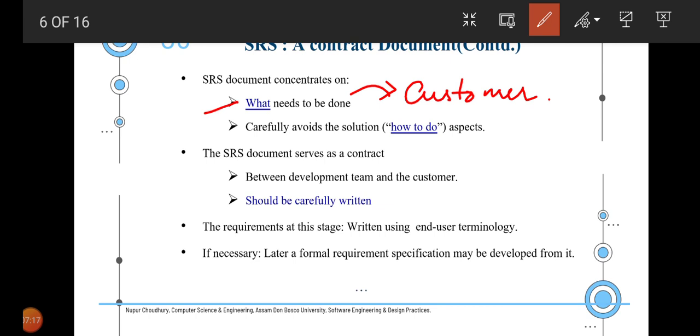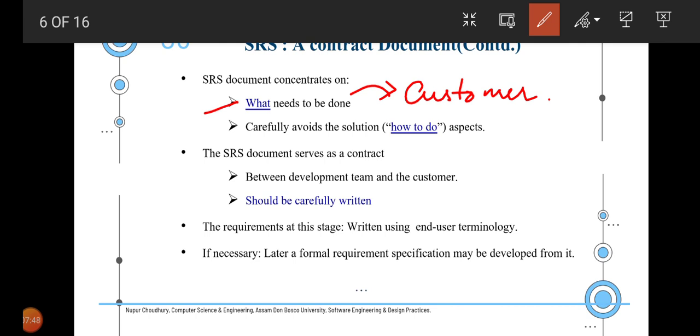But how the machine actually goes ahead with the calculation of those numbers is not reflected in the SRS. That is hidden. It is giving you a black box view of the system. I want the multiplication of two numbers, I get the multiplication of two numbers. That is my requirement. But how do I get it? That is not mentioned in the SRS.